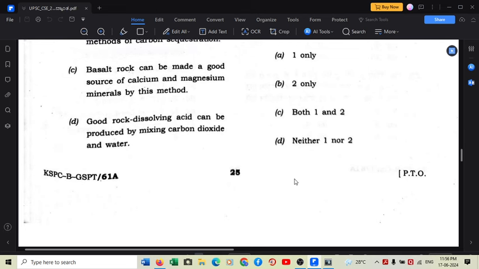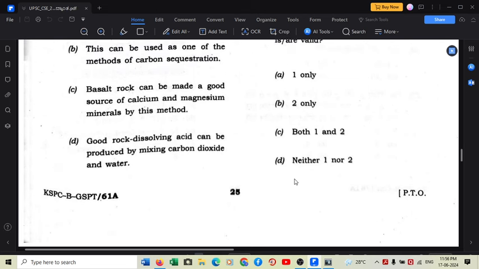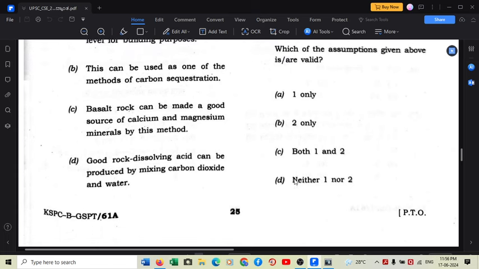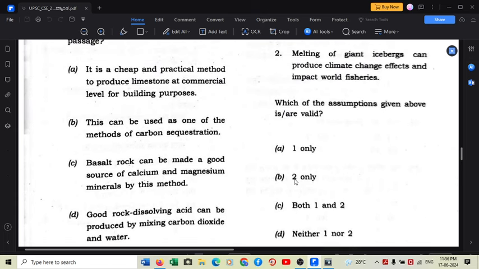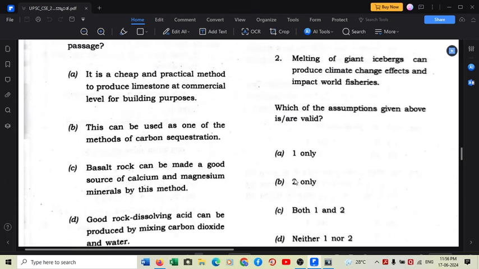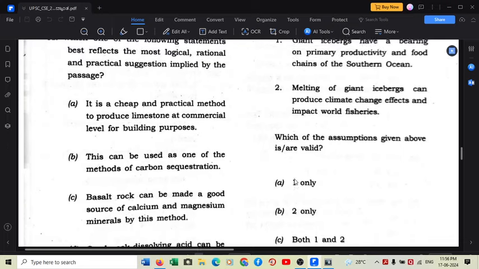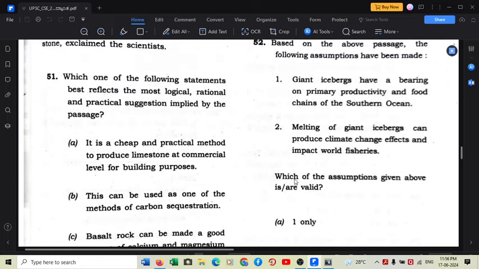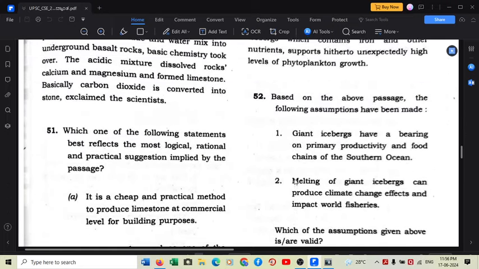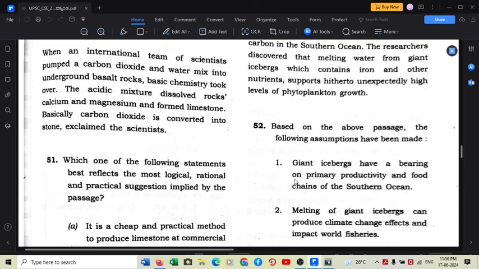Number D: good rock dissolving acid can be produced by mixing carbon dioxide and water. So option D seems okay here, because if you see the lines from the passage, carbon dioxide and water is resulting in an acidic mixture.